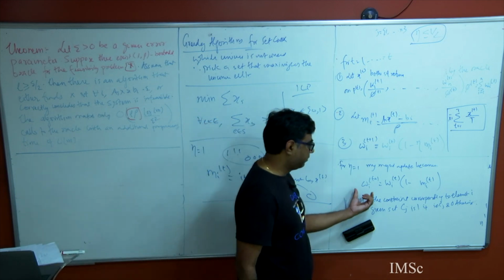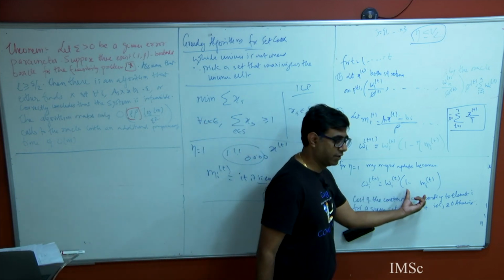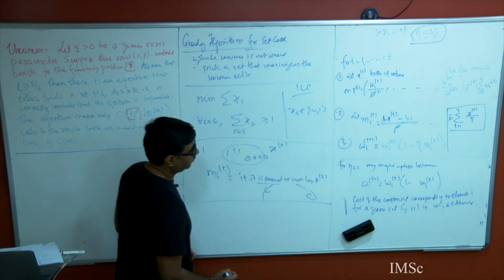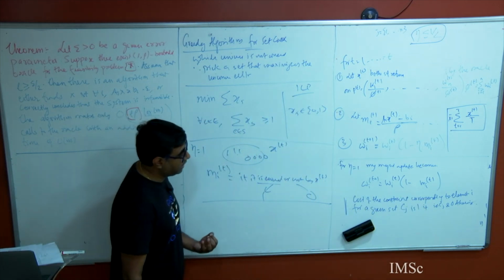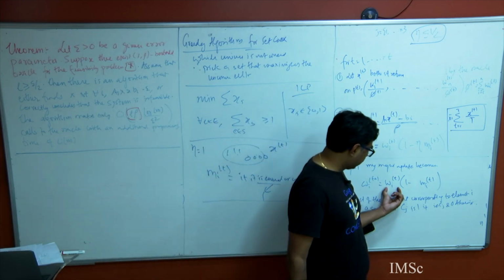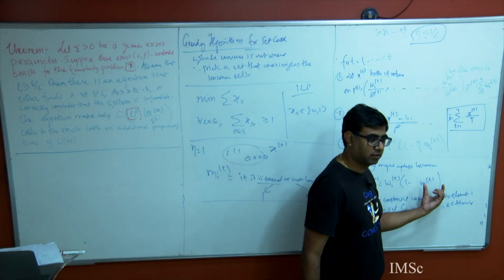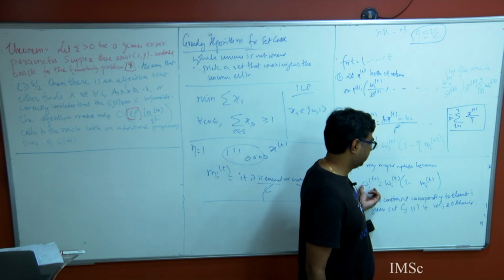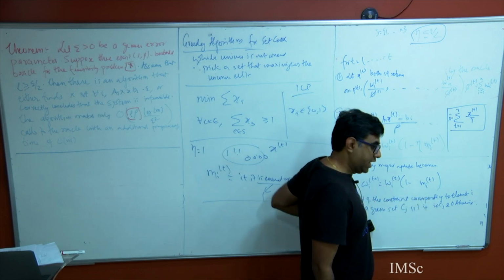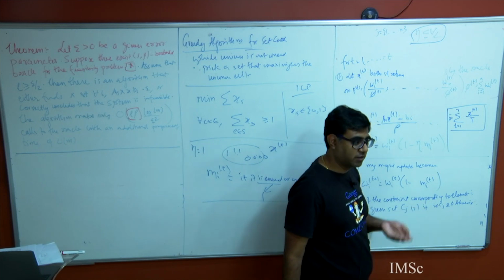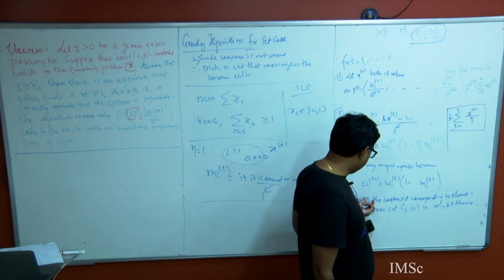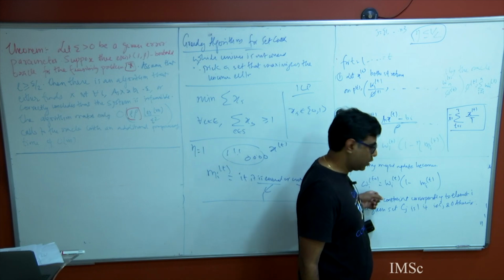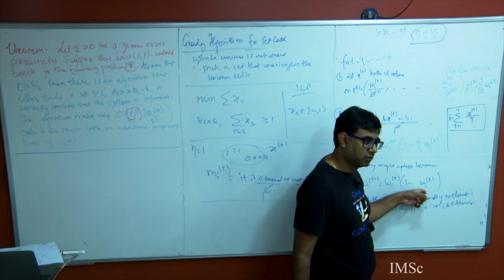Why? Because look at Wi. What is this Wi now? It is 1 minus mi of t. So what does this Wi tell you? Either this constraint is satisfied or it is not satisfied. If this element i is covered, what is mi of t?